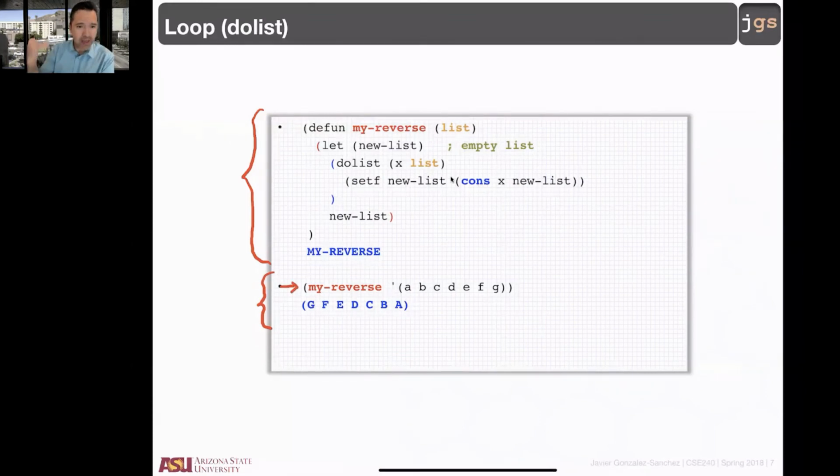The call and the definition. The call of the function. I am going to be able to call, open parentheses, my reverse. My reverse is the name of the function that I am creating. My reverse, the calling, definition of a function, my reverse.